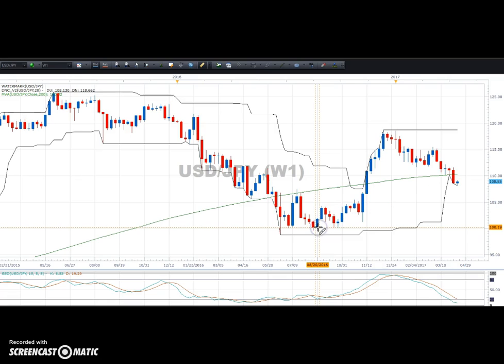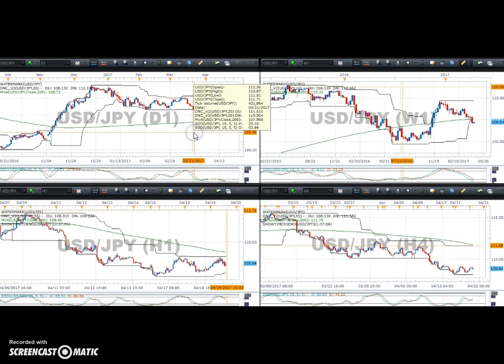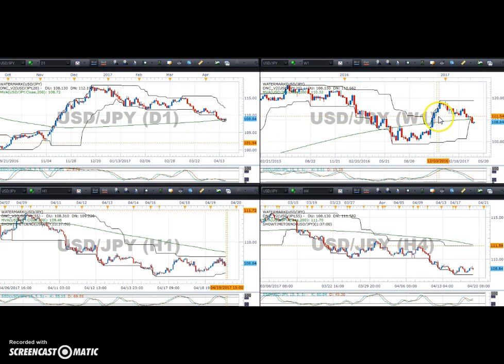Now, keep in mind, just because it's got that amount of room to run doesn't mean it's going to go that far. It doesn't even mean if you enter right now in the trade that you're going to get that many pips out of it. But there is that potential for it to drop, and that's all we're looking for, potential, higher probabilities.